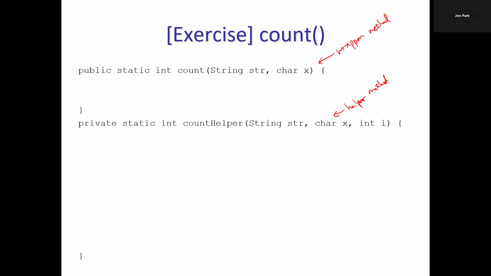So all the wrapper method does is return whatever the helper method returns.